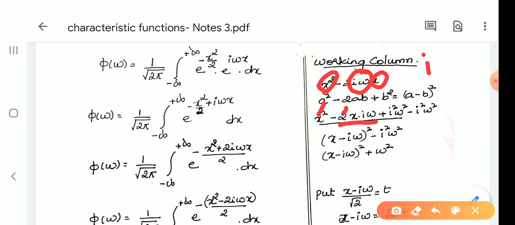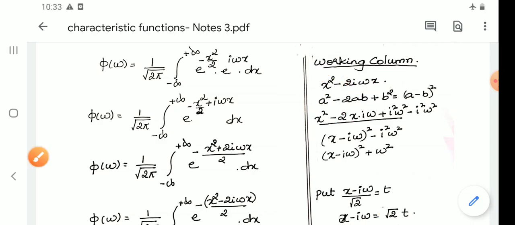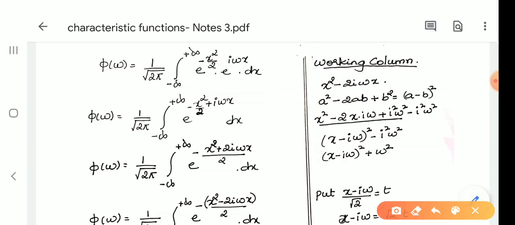Since in the place of b we have j omega, what we will do? We will add here plus b square, that is j square omega square. Since we have added a new term, we have to subtract again with a new term, minus j square omega square.